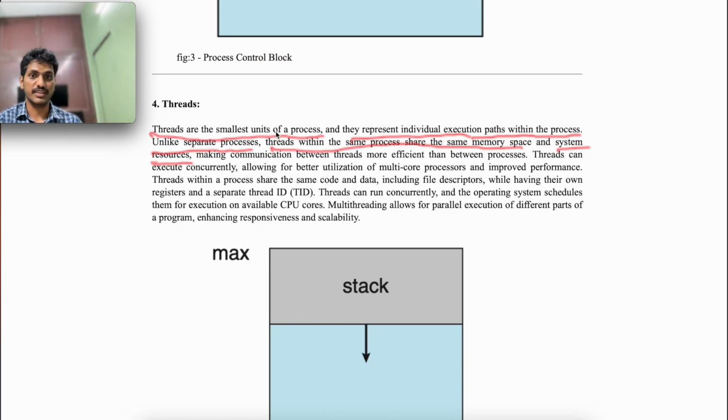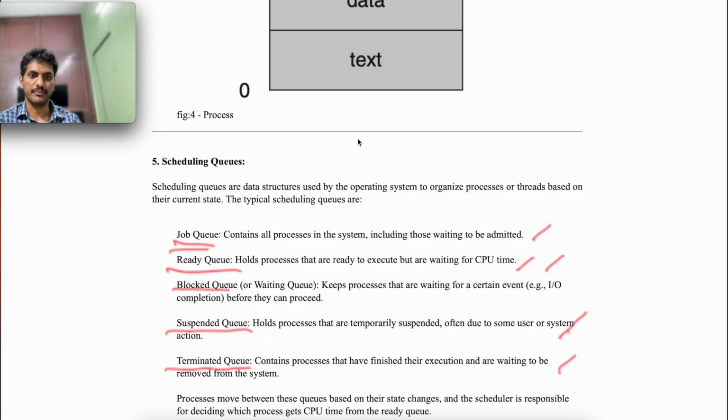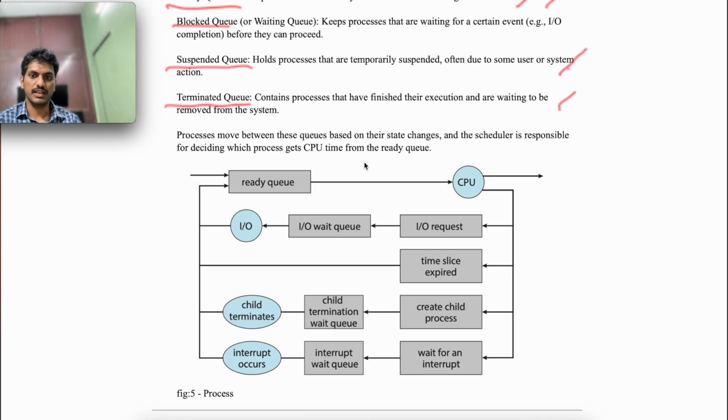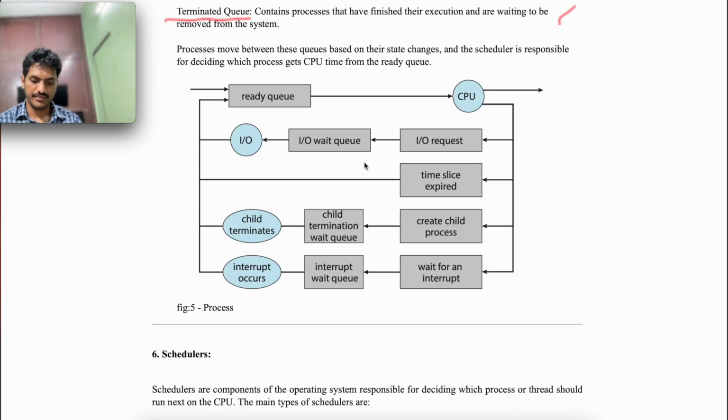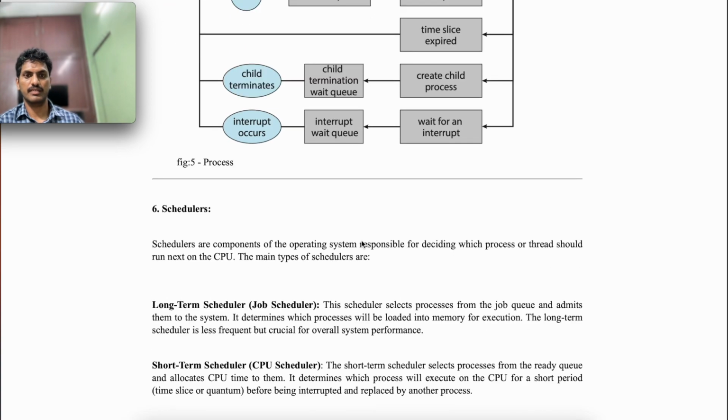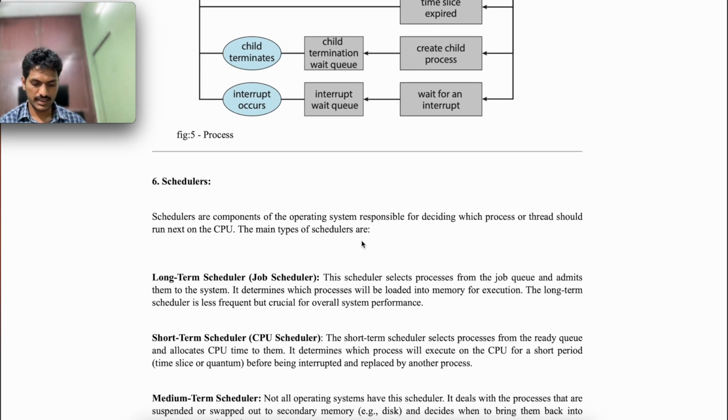Threads are the smallest units of a process, and they share resources among them. So these are the scheduling queues. You write this diagram also. You mention what queues are available in the system. Here it is not process, it should be queues.